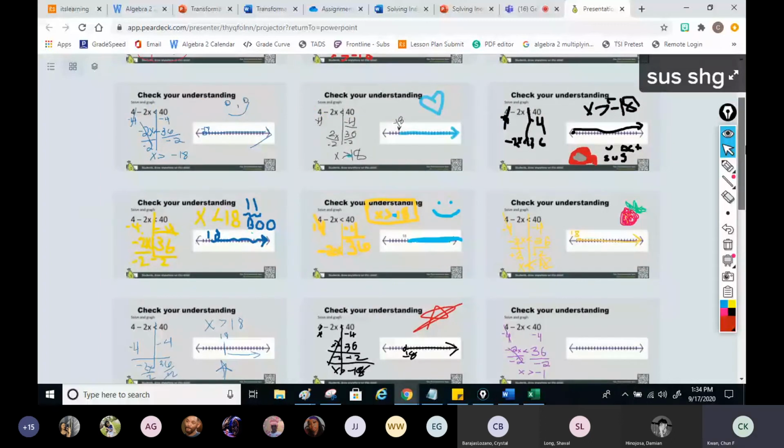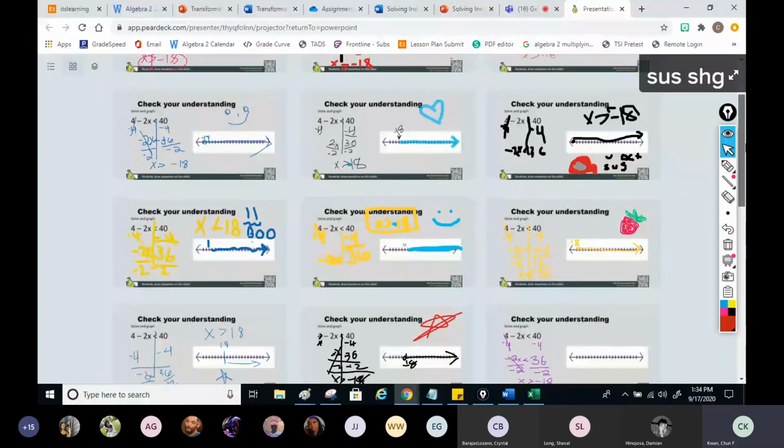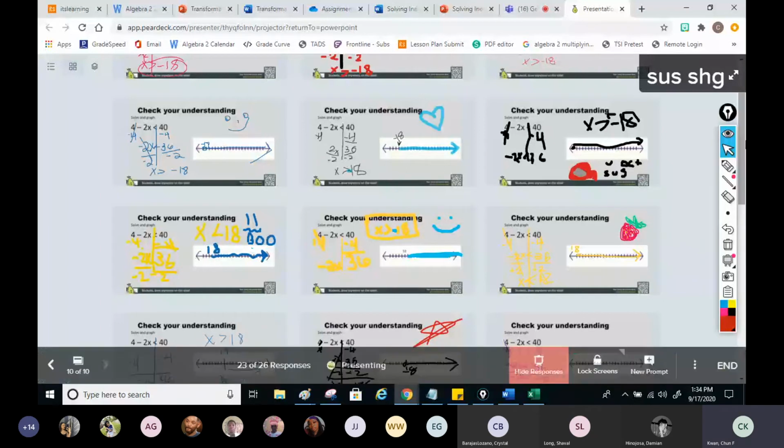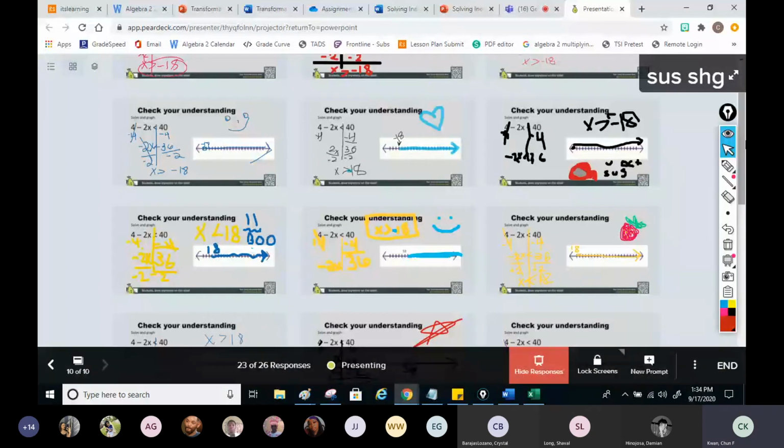Is it a cherry? I think you drew a cherry, or is it like a strawberry? Yeah, strawberry. Make sure you flip the sign when you divide. I see you divided by +2, but you have to divide by -2.